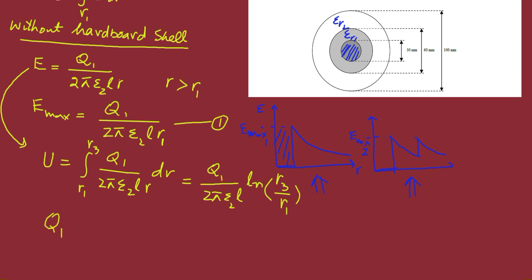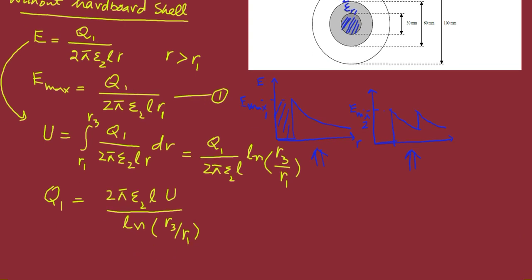Now we will rearrange this equation to get the value of Q1. So Q1 will be equal to 2 pi epsilon 2 L U over natural log of R3 over R1. And then we will substitute the value of Q1 in our maximum electric field expression, equation 1.